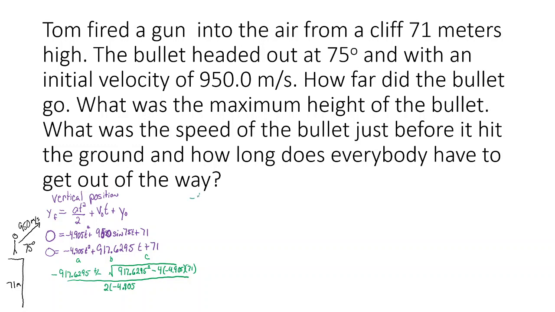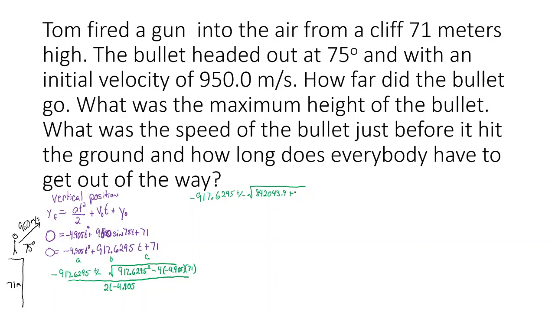So I'm going to get 917.6295 plus or minus, and when I square it, I get 842,043.9 plus, and then just for kicks and giggles, I'm going to multiply 4 times 4.905 times 71.